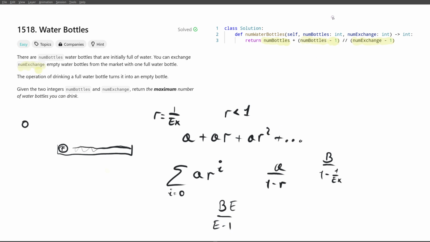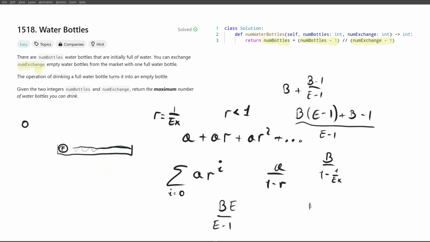And when we look at what we've arrived at here, we have b plus b minus 1 over exchange minus 1. This is the same thing as b times exchange minus 1 plus b minus 1, over the whole exchange minus 1.